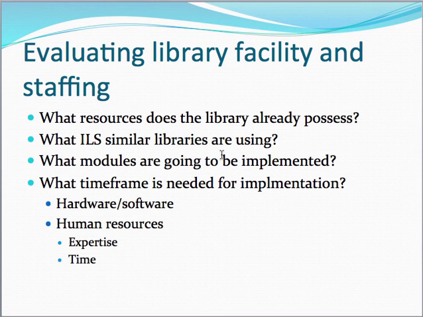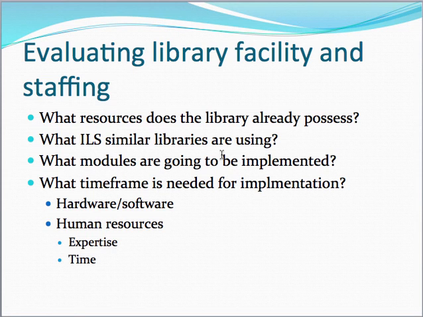But in order to know what we need, we have to know what resources the library already possesses, what kind of integrated library system other libraries similar to ours are using, and what modules we are going to implement.